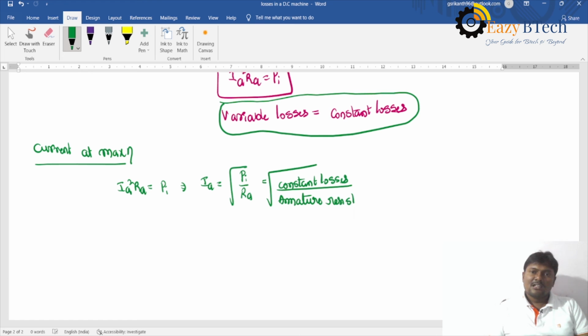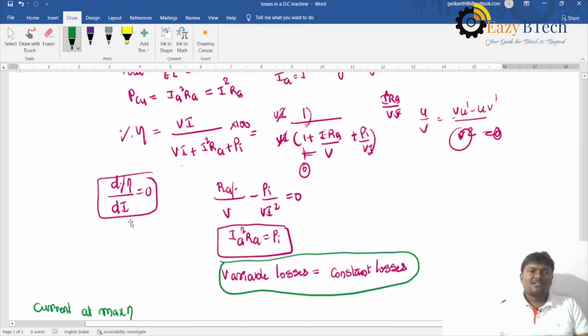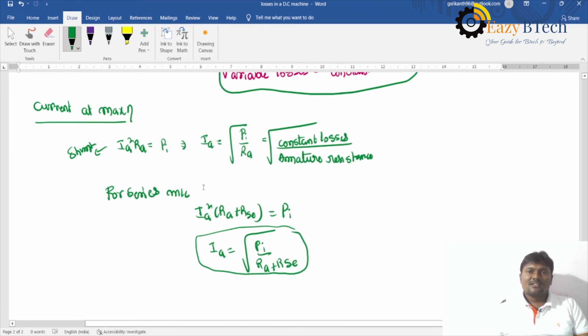This is for a shunt machine. For a series machine, Ia square into (Ra plus Rsc) is equal to iron losses, and Ia is equal to the root of Pi divided by (Ra plus Rsc), and this is very very important. Finally, the condition for maximum efficiency is when the variable loss is equal to constant losses. So thank you guys.